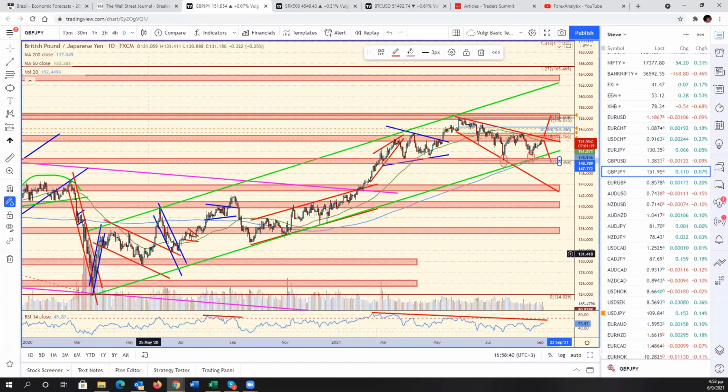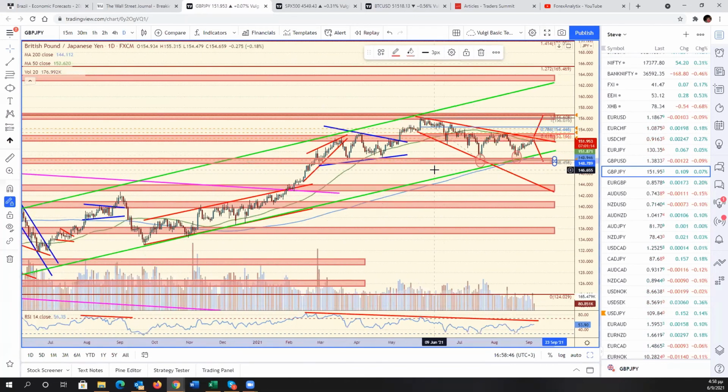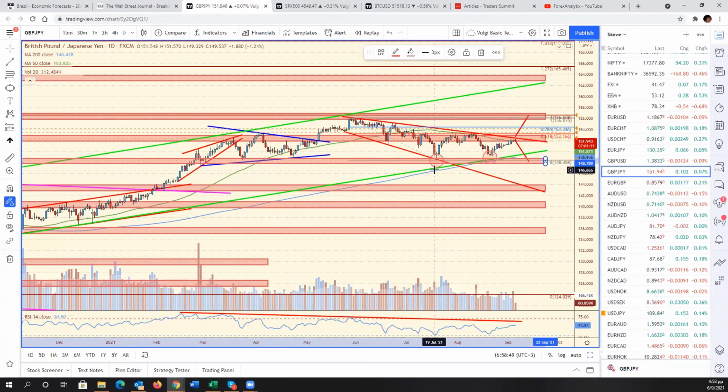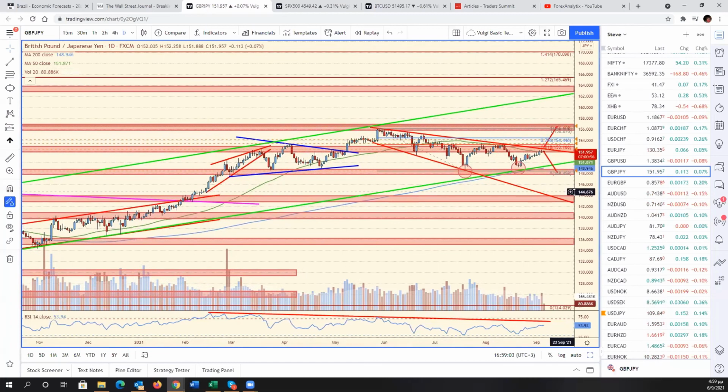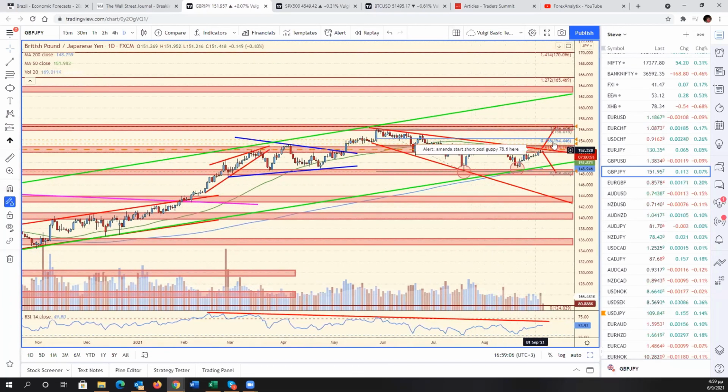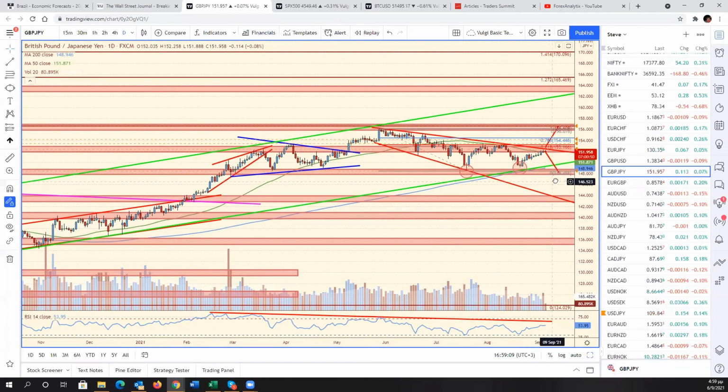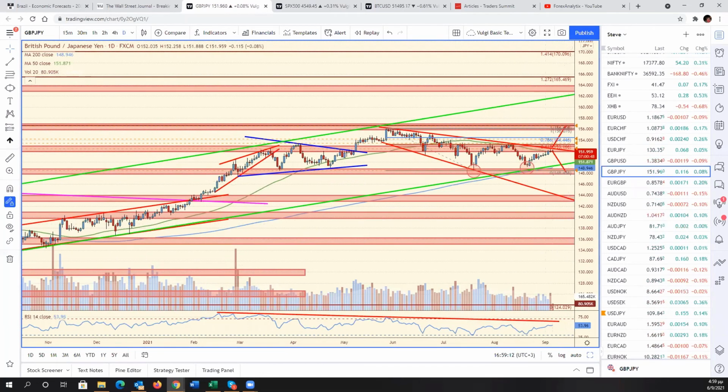Also, keep in mind that the pound yen remains in this well-defined ascending channel. So basically, I also think we had a corrective move here, and there is a decent chance that we might be about to end this corrective move and continue higher, if not imminently, rather soon. 153.10, previous highs over there, and the 61.8, I think, is more or less going to be the confirmation level for such a bullish breakout. So we're not there yet, but we're almost there.